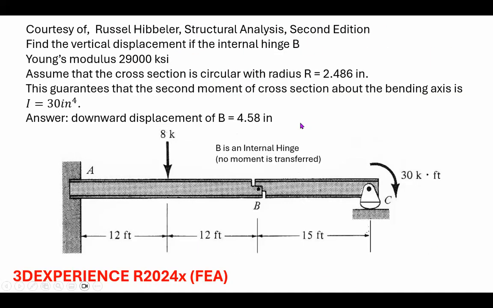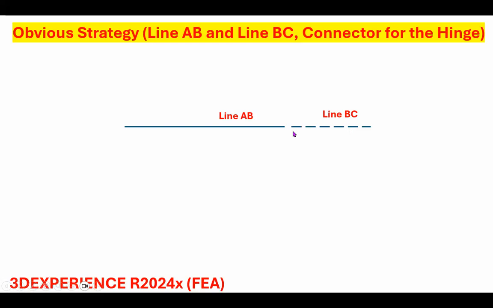The problem is coming from Hibbeler's structural analysis book, and the way I'm going to assess the validity of my model is that the analytical solution, which is done in the last 3 pages of this PowerPoint, gives a theoretical deflection of 4.58. That should be inches, a displacement of the point B, and if I get that, it means that I'm on the right track. So here's my strategy, the obvious strategy.